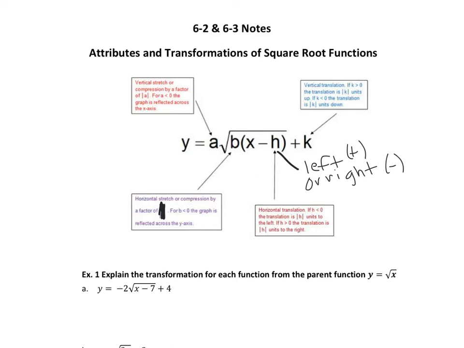And then our K value is a vertical translation, up or down. If it's positive, we are moving up. If it's negative, we are moving down. So just remember that's what each of those represent, so as you're asked to explain the transformations, you're aware of what the A, B, H, and K all do.